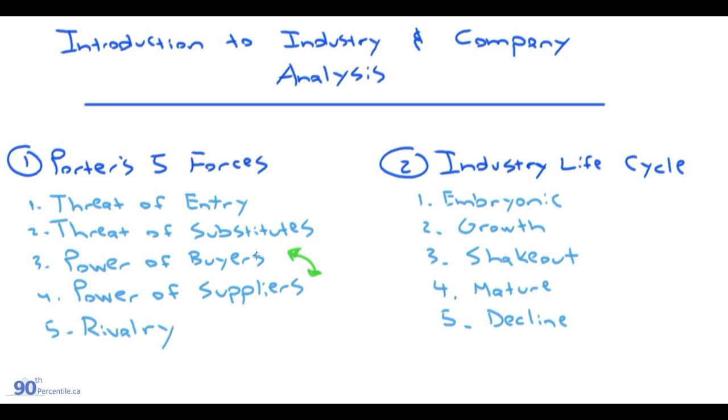The more buyers there are, the less negotiating power they're going to have, and in the same case, the more suppliers in an industry, the less negotiating power each of them is going to have. But overall, these four factors all combine to create the rivalry or level of competition within an industry.